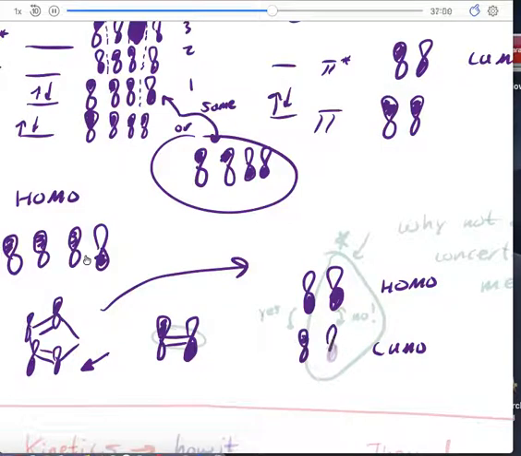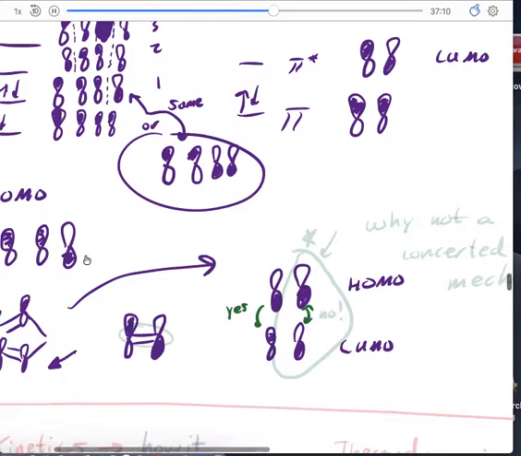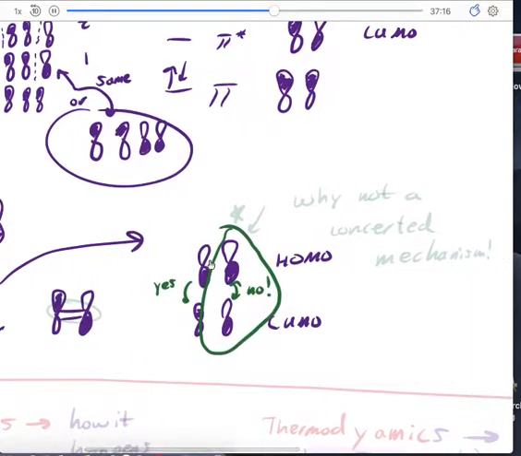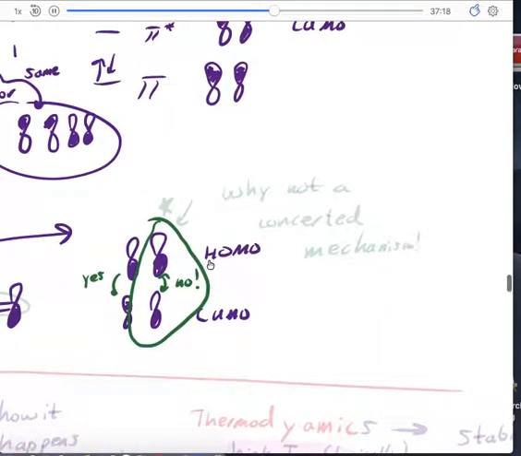What's wrong with this picture? No. Because of these two orbitals right there, this cannot follow a concerted mechanism.